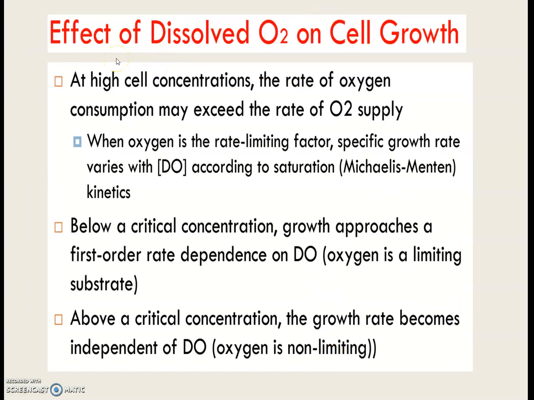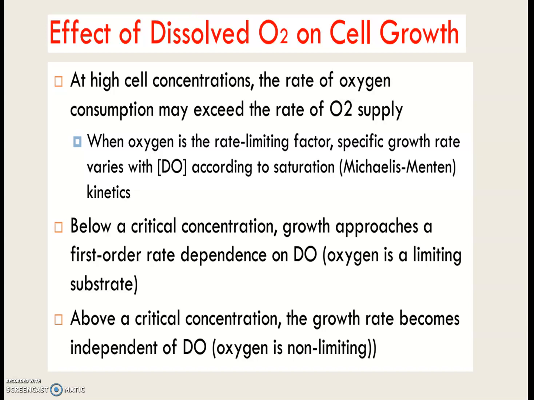Now we are going to look at the effect of dissolved oxygen on cell growth. Oxygen is required for aerobic bacteria. Therefore, for aerobic bacteria, we need to know the oxygen uptake and transfer for the fermentation.